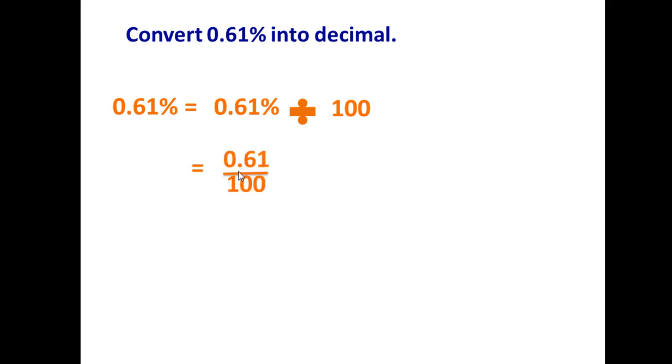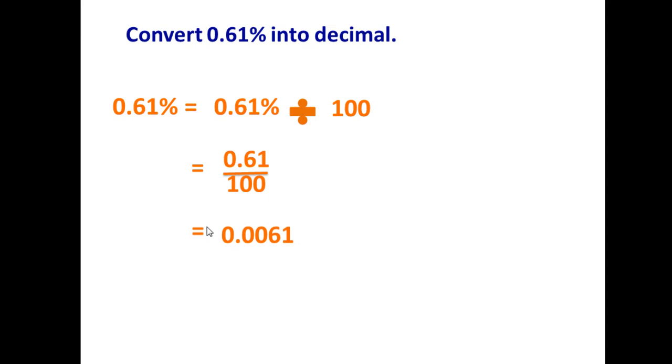So it is 0.61 over 100, because there is a symbol for division, we have to remove the percentage. So when you divide it, what you get? 0.0061. Clear? So don't get confused.